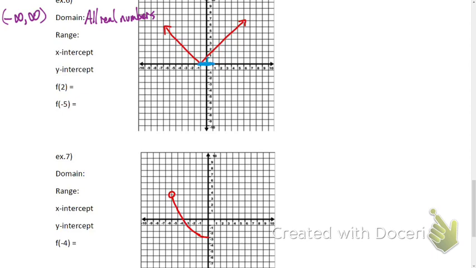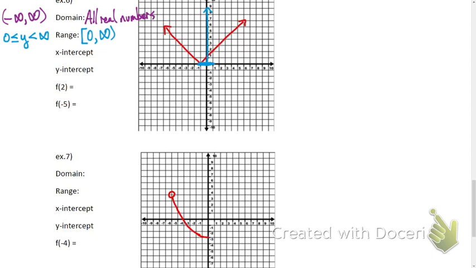And this thing just goes forever up. So we want to say 0 to infinity. Whoops, and let's make that first parenthesis a bracket, because it actually hits the 0 spot. You're welcome to write it like this if you want.